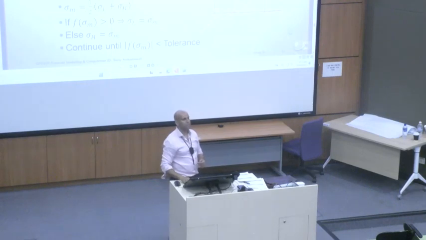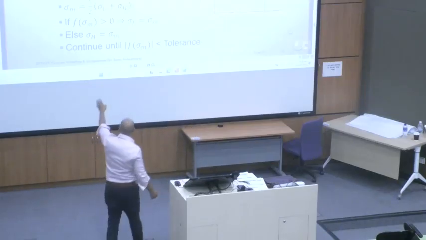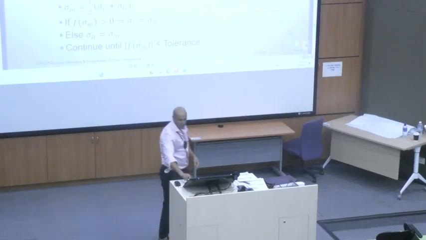And what is it doing? If you had a function which did something like that, you try to bracket the solution. You need to start your algorithm with some sigma L and sigma H. So sigma L is here, sigma H is here.